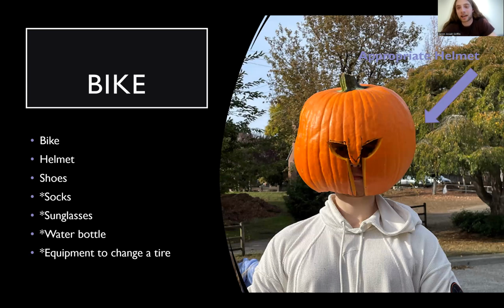I always recommend biking with sunglasses or some sort of eye protection. You never know when you're going to run into a bug, and those are really painful even at 10, 15 miles an hour, especially if it's a bee. It's not ideal. So eye protection, eye protection, eye protection.